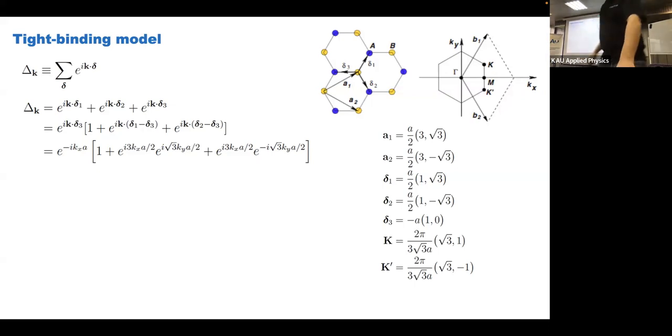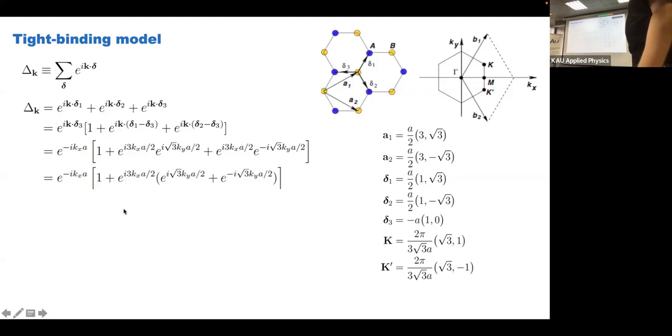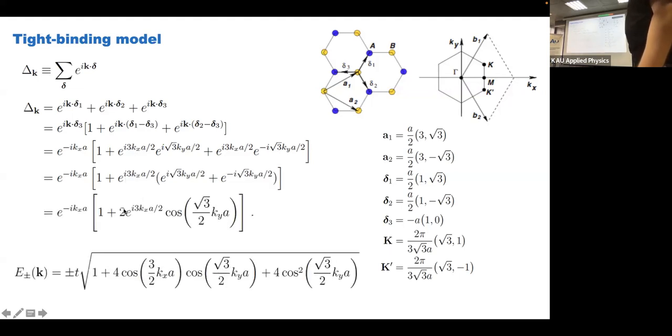K bold is a vector, but here I have some parts of this vector, Kx and Ky. So K bold is like Kx plus Ky multiplied by E. And I have this thing.